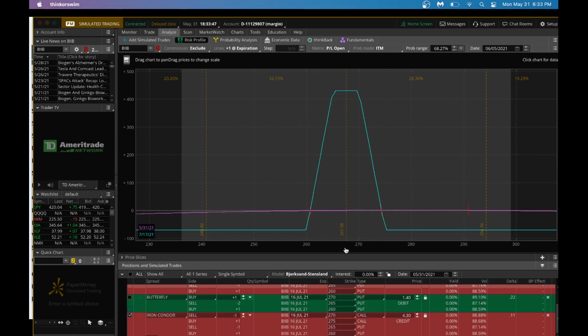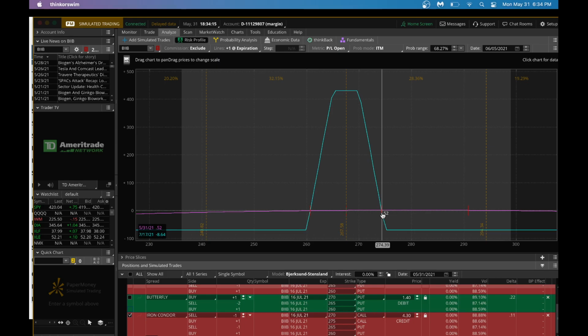If the stock stays exactly at 267.58, this is when I get to keep all my $4.30, $430. So this is where you've got to be careful. After the Food and Drug Administration's approval or disapproval, the stock can go either way. So we are basically at this point betting the stock will stay within 260 and 274.